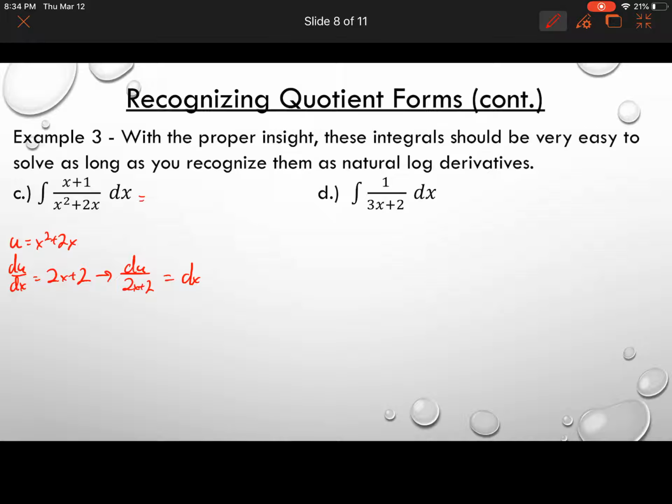Let's make the substitution. So now we got the integral x plus 1 over, remember the x squared plus 2x is now a u, and then times the dx is now a du over 2x plus 2.